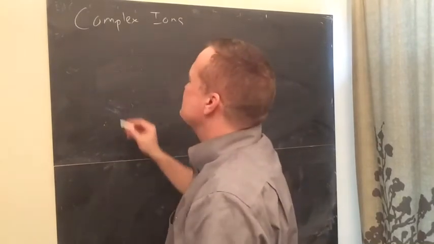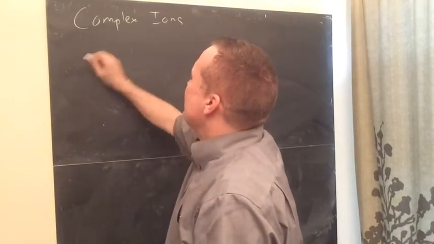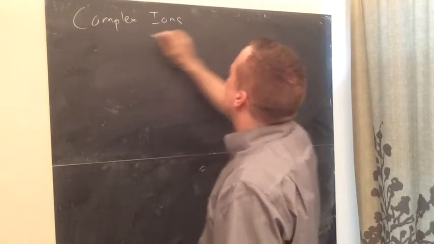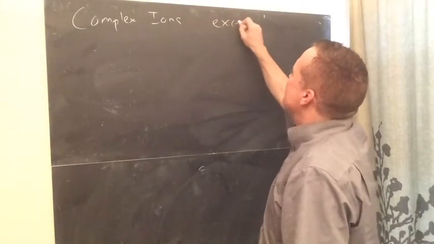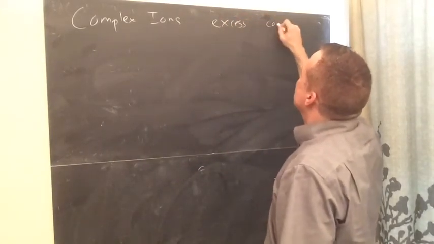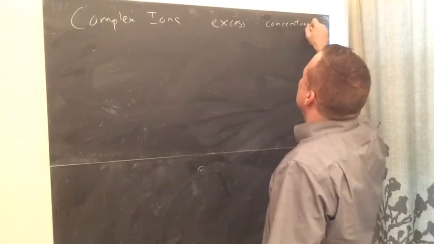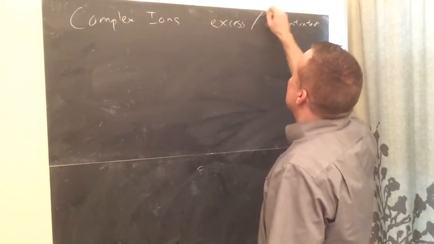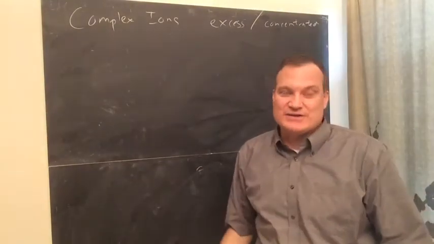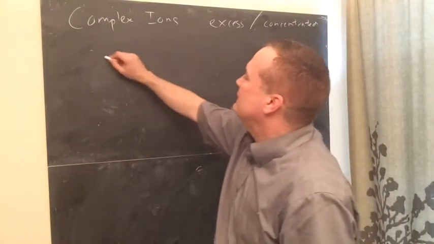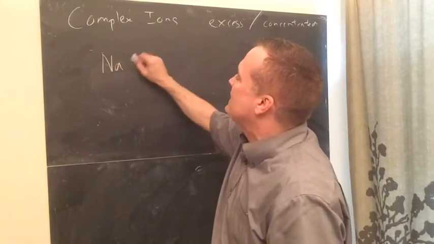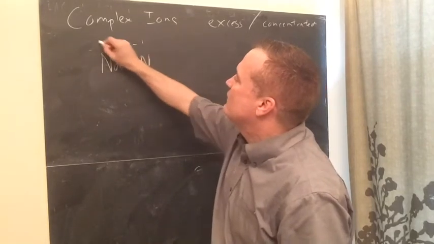Excess sodium cyanide. Okay, a key word that you'll hear on this is excess or concentrated, or it could be both, excess concentrated. But what is sodium cyanide? Well, sodium Na, cyanide CN, -1, +1.